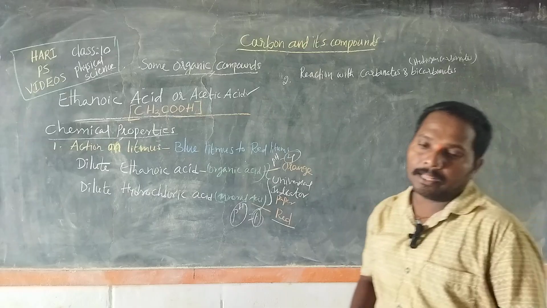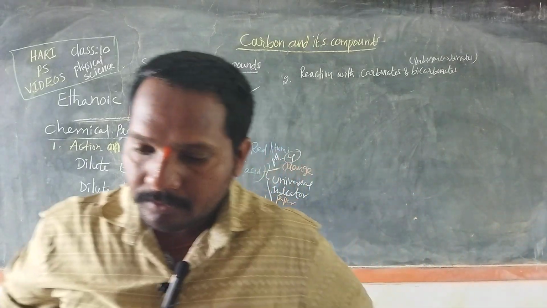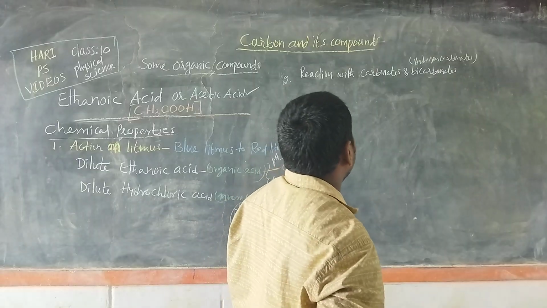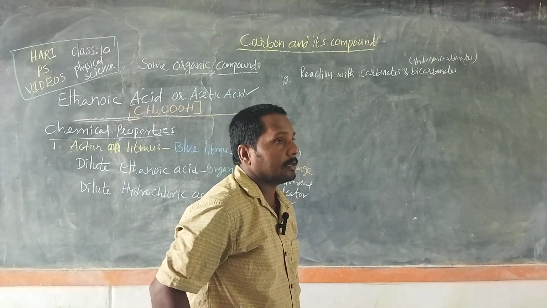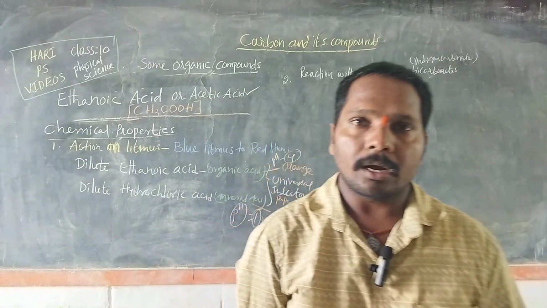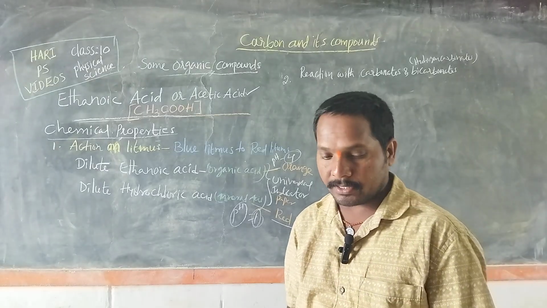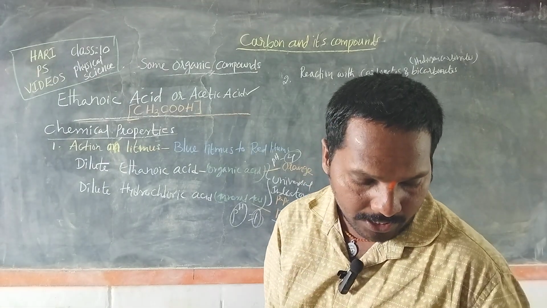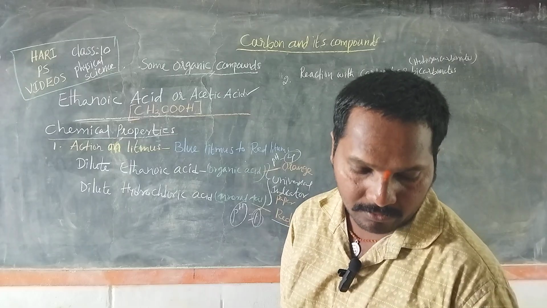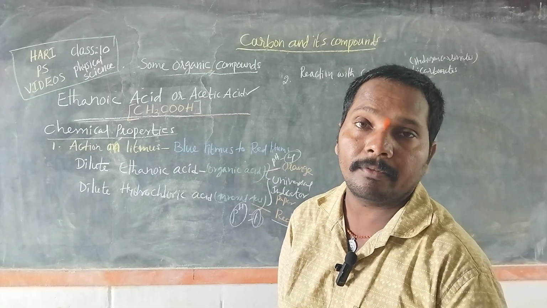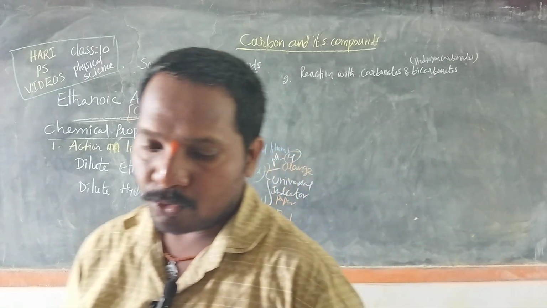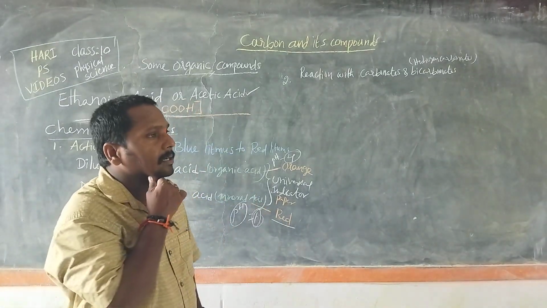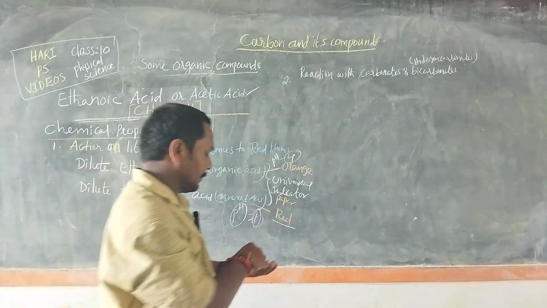What happens if ethanoic acid is combined with carbonates and hydrogen carbonates or bicarbonates? When ethanoic acid reacts with sodium carbonate or carbonates, it releases carbon dioxide.